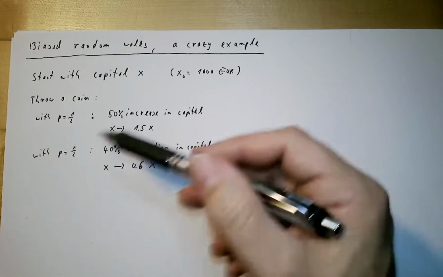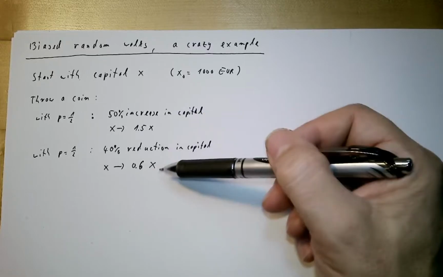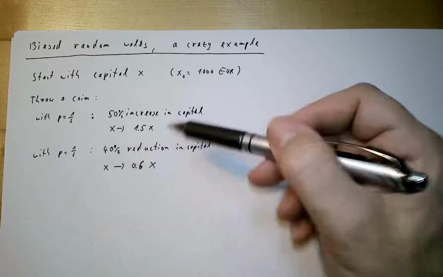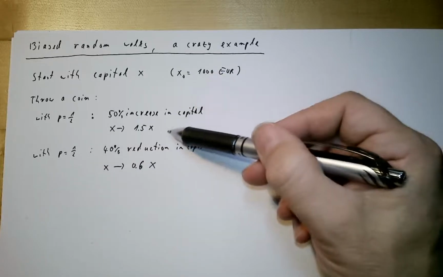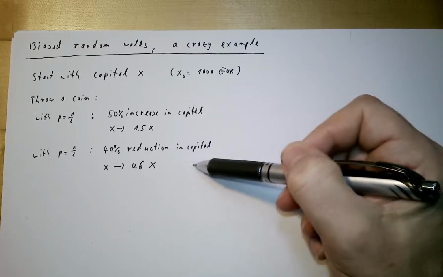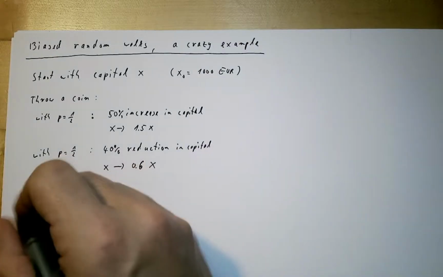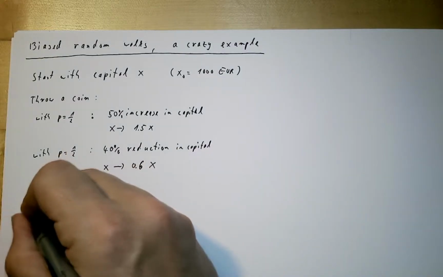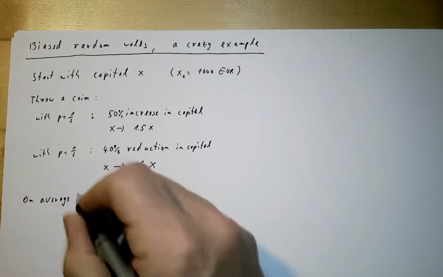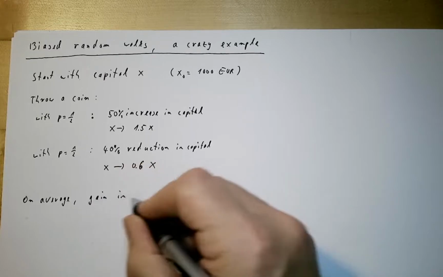Now if you do this and you calculate what the mean gain is, in one step of this process, in this case you would have 1,500 euro, here you would have 600 euro left, so on average you will win. So this means on average we have a gain in the capital.